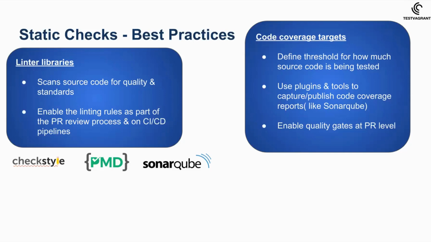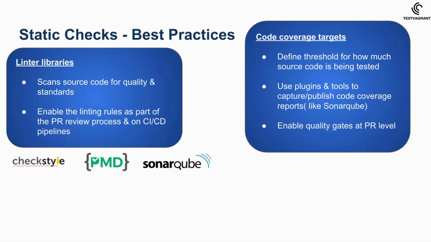Enable quality gates at PR level. That's one of the very important aspects of static checks, or for that matter any sort of testing: that we help devs find these issues at the PR level itself. That means if any of these code coverage targets or any of the linting rules are not met, your quality gate, which is a concept that defines certain rules, does not open.